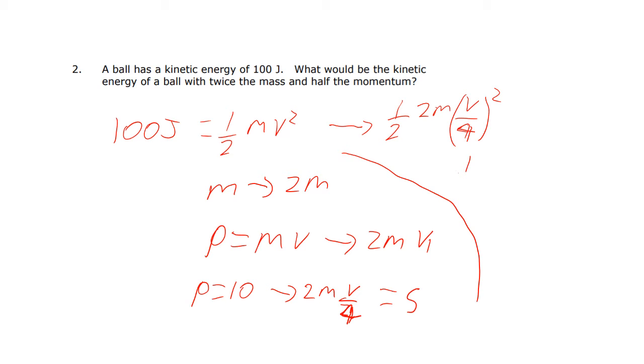We can rearrange this, so it's basically half m v squared multiplied by 2 multiplied by 1 over 16, because it's 1 over 4 squared, and then we can rearrange it again to be half mv squared multiplied by 1 over 8.